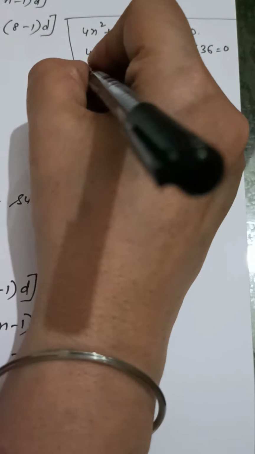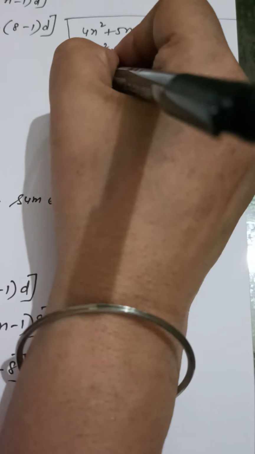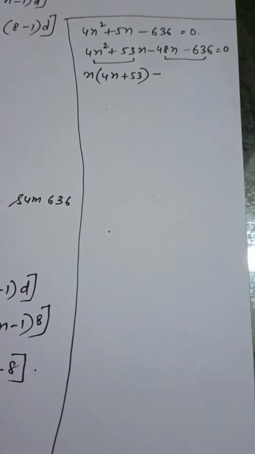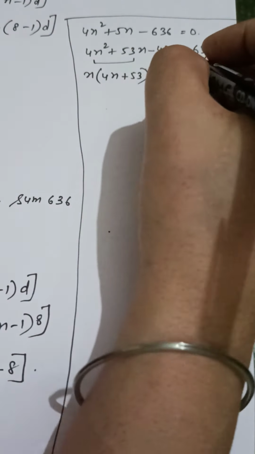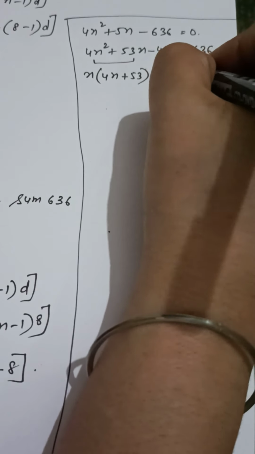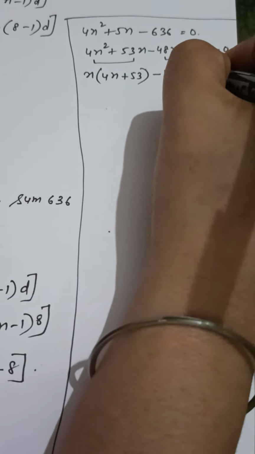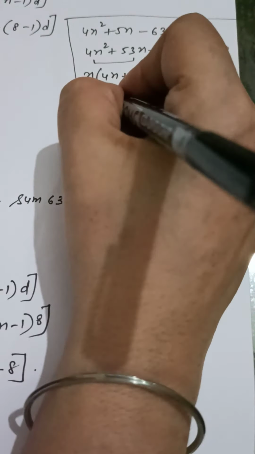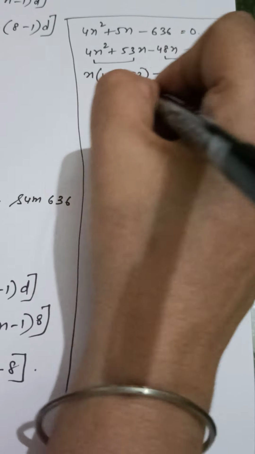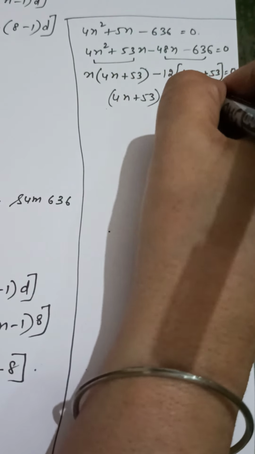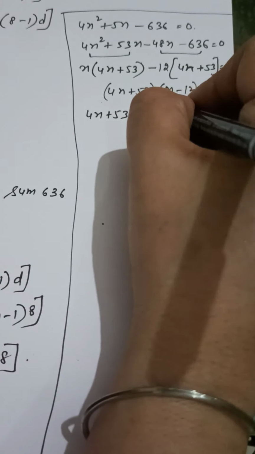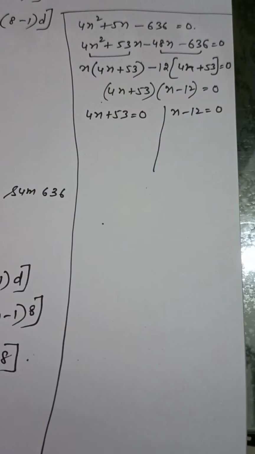From the first two I got n as common, 4n plus 53, and from the other two we have 12 as common, with the same bracket 4n plus 53. Now 4n plus 53 is one bracket, n minus 12 is the other bracket. So 4n plus 53 is equal to 0 or n minus 12 is equal to 0.